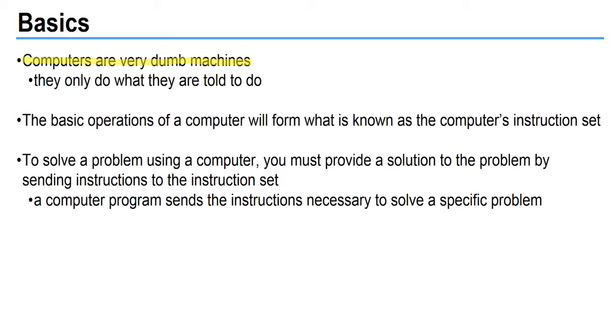The basic operations of a computer form what is known as the computer's instruction set. To solve a problem using a computer, you must provide a solution to the problem by sending instructions to the instruction set.